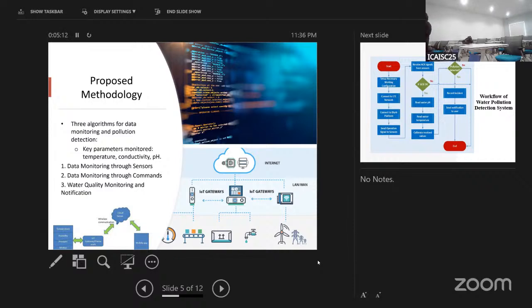So we also have the mobile app where we have all these readings being displayed.